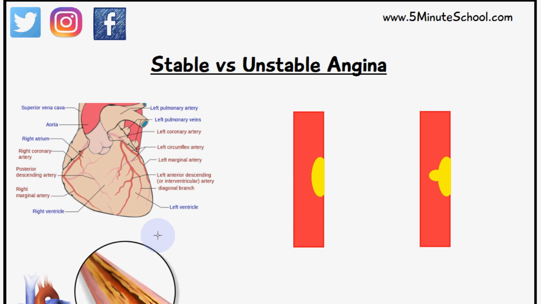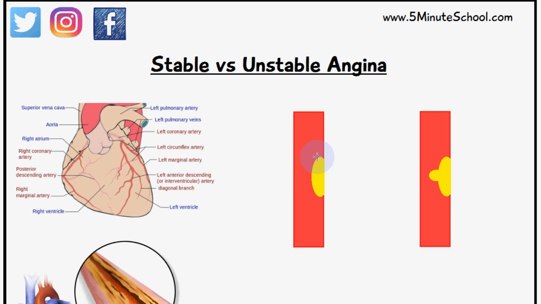So basically, stable angina is when the patient is going through some form of exercise, or walking up several sets of stairs, and all of a sudden they start feeling pain and discomfort in their chest. This is because their heart is being put under stress from the activity, but it's not able to meet the energy requirements of the cardiomyocytes because these coronary arteries are slightly occluded.